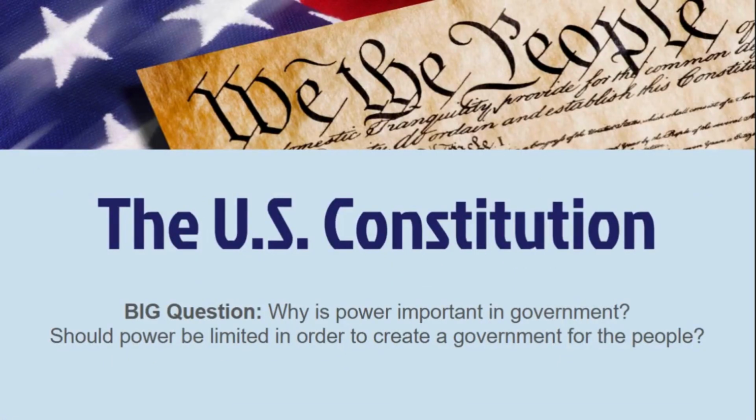Like I said, we are going to be discussing the U.S. Constitution. I know we've been looking at the outline of the U.S. Constitution, what all of the different articles entail, what specific branches are established in each article. We've looked at the functionality of the preamble, but what we haven't really done is looked at some of the overarching themes.